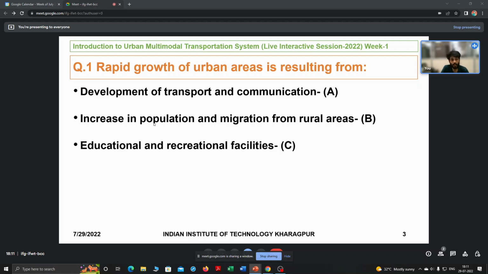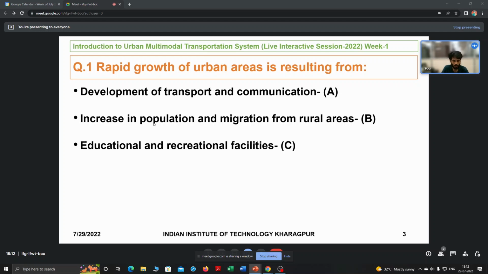And as there is an increase in population and migration from the rural areas into the urban areas, there is also a need to establish good educational and recreational facilities. So the primary purpose of the migration is not the educational or recreational facilities or to enjoy them.